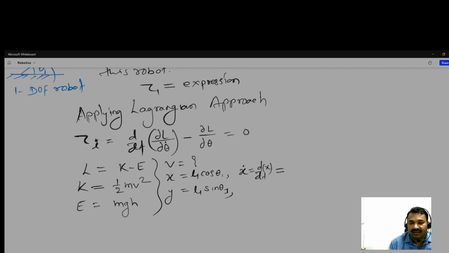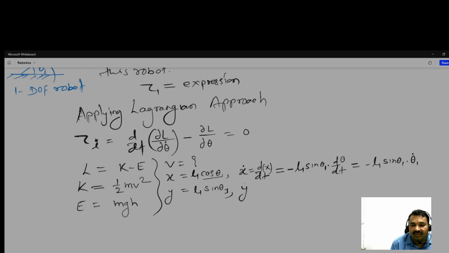We get minus L1, because we differentiate cos theta 1 with respect to time, so sin theta 1, and d by dt of theta gives theta 1 dot, which is angular velocity. So x dot is minus L1 sin theta 1 multiplied by theta 1 dot.